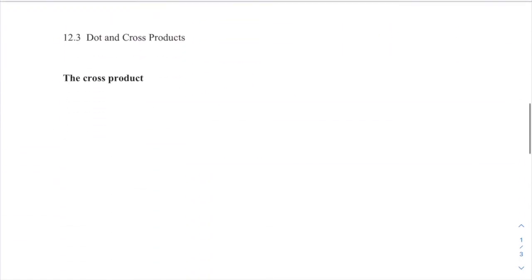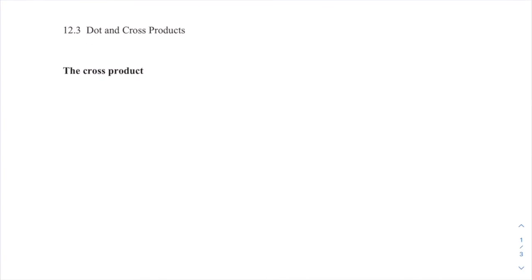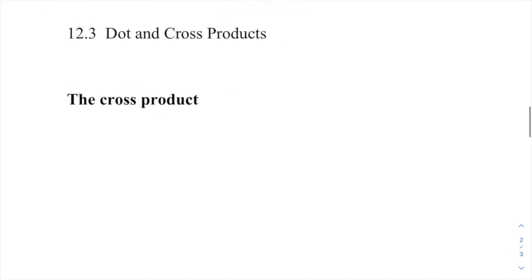So the cross product is written like this. If we keep our u and v example vectors, then the cross product is u cross v, and we use the cross, or the x symbol, for the cross product.